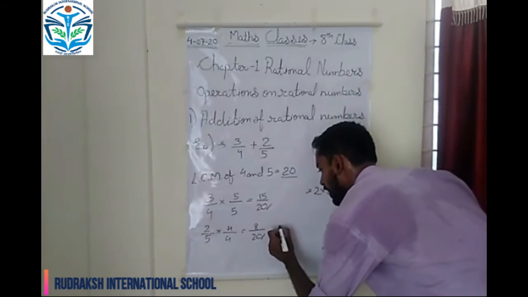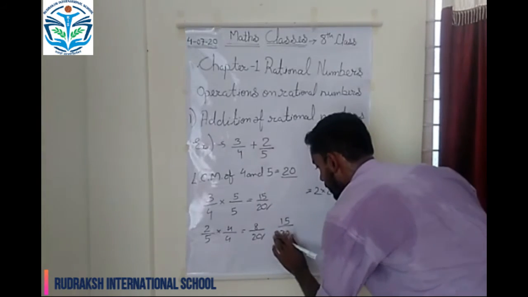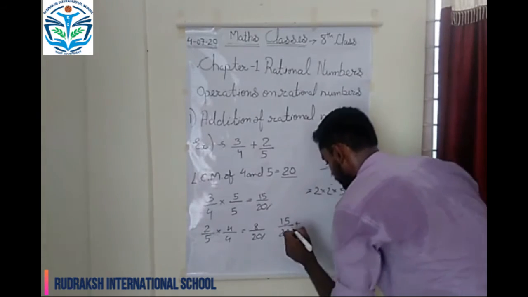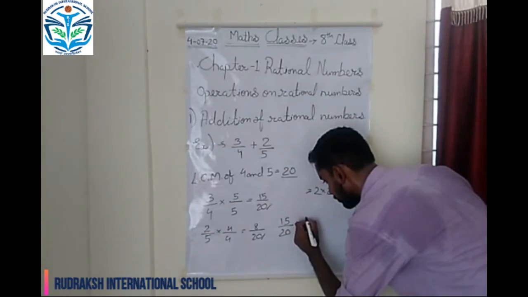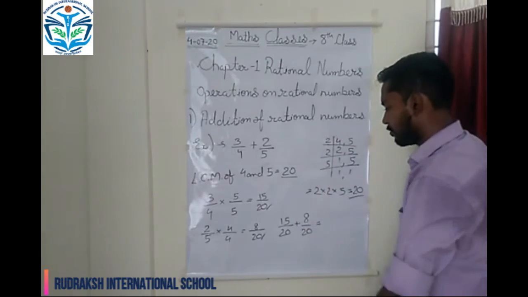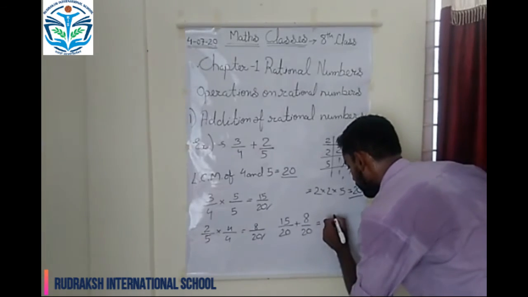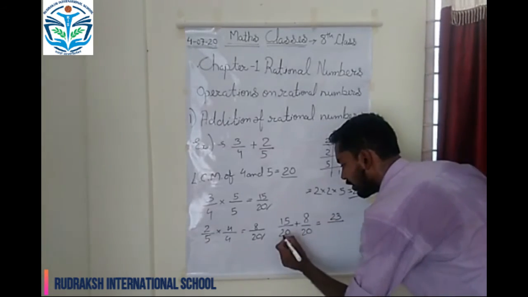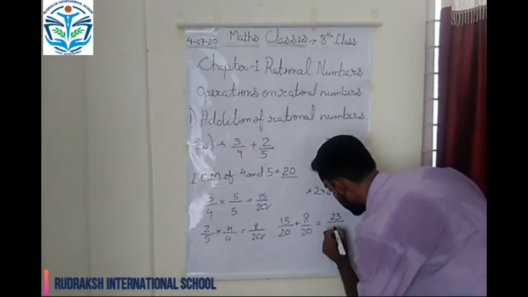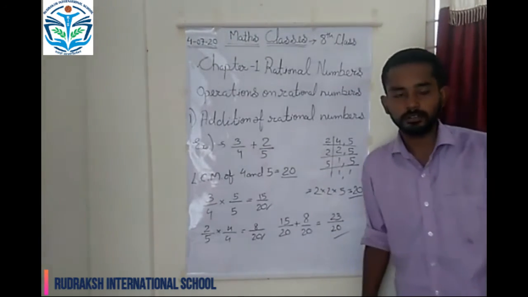Now you have to simply add both of these numbers, 15 upon 20 plus 8 upon 20. So what will be the answer? 15 plus 8 will be 23, and again here you can see that the denominators are same, so we don't have to do anything, we just have to write here 20. So 23 upon 20 will be the answer.